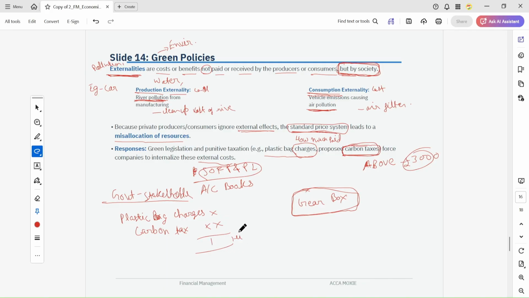If this is high, it means you are damaging the environment. And also the consumers will get to know that you are damaging the environment because your external cost, your externalities, are very high.